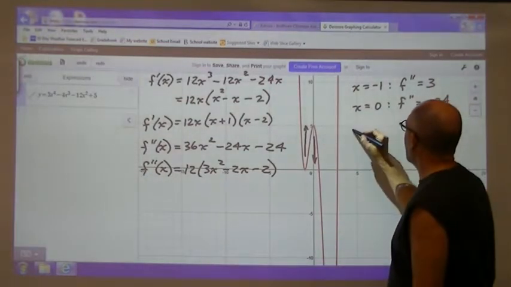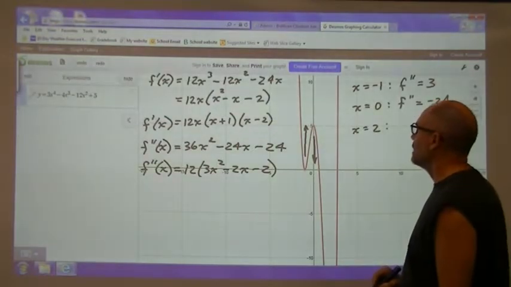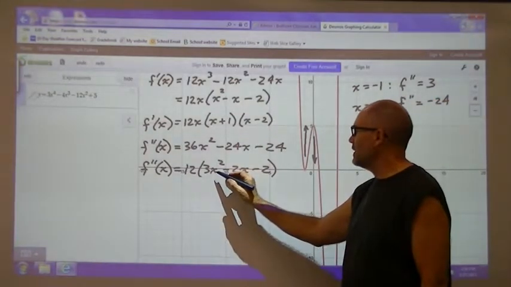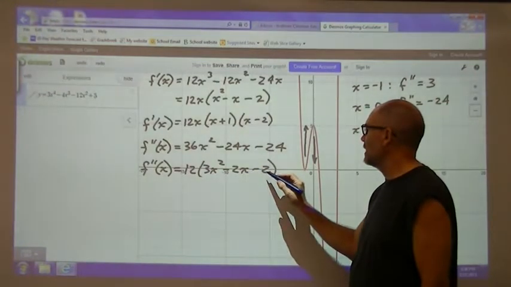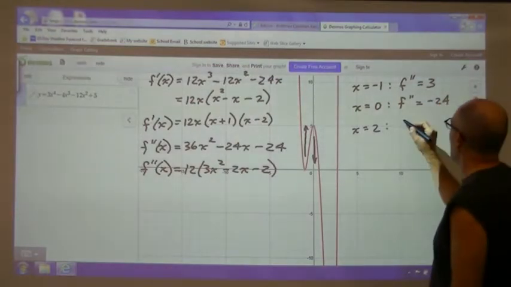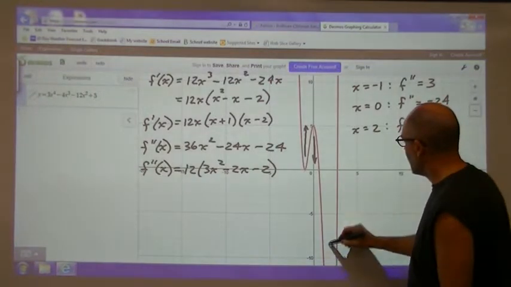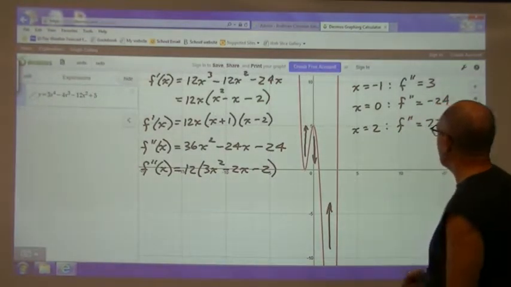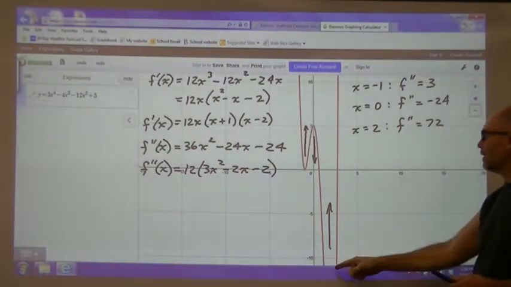Now at x equals 2, we've got 3 times 4 is 12, minus 4 is 8, minus 2 is 6, times 12 is 72. So f double prime equals 72. Once again, that means we have concave up at x equals 2, and that means that's a relative min.